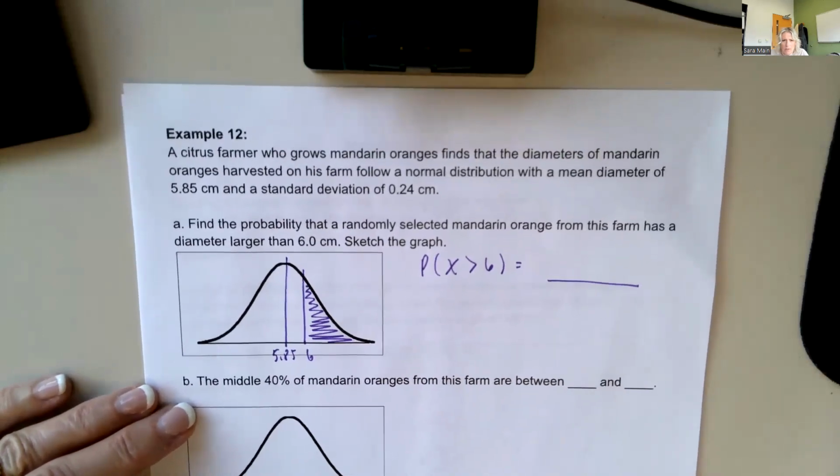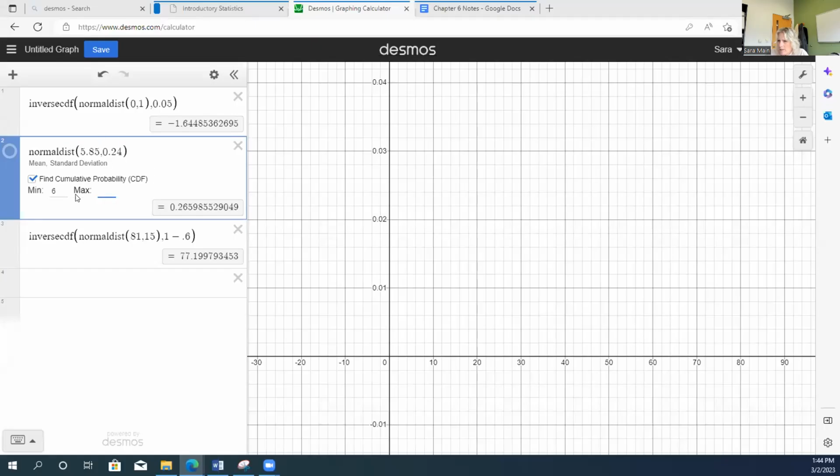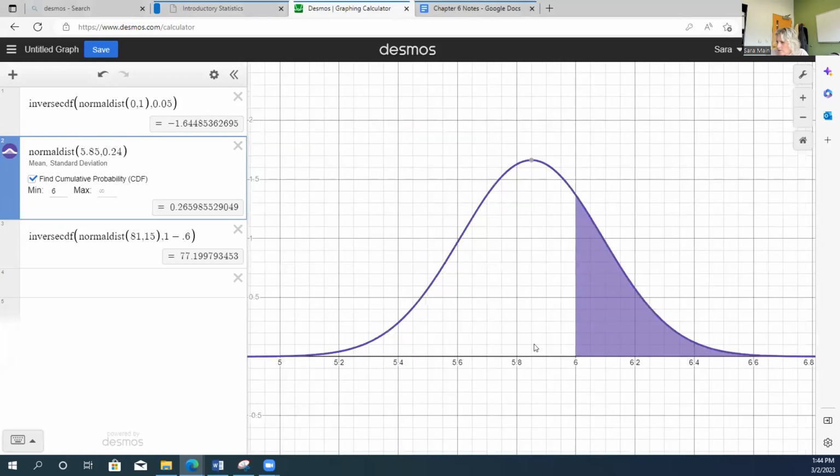I'm going to share my screen with you all so you can see. It is this normal distribution here. There's the mean at 5.85, and there's the probability of being greater than 6, and it is 0.2660.